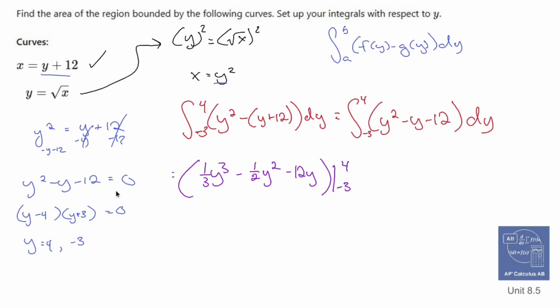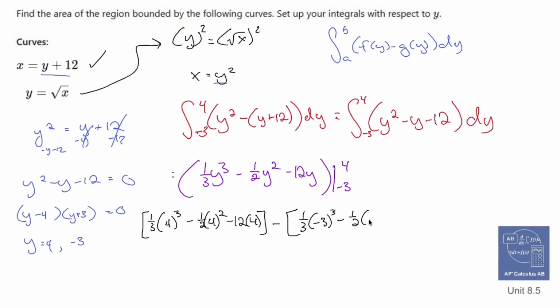Now it's just a messy math problem. All right, so 1/3 4 cubed minus 1/2 4 squared minus 12 times 4, minus 1/3 negative 3 cubed minus 1/2 negative 3 squared minus 12 times negative 3.